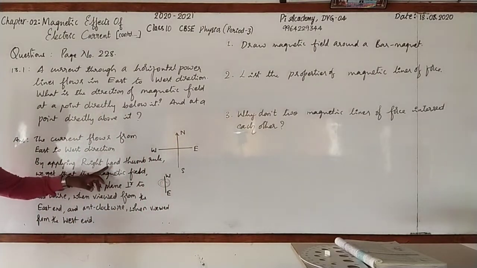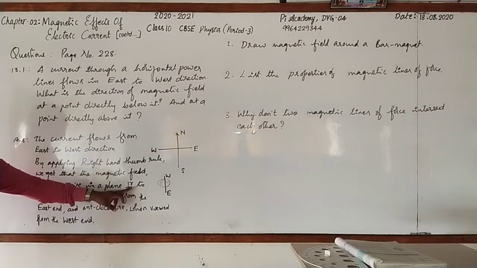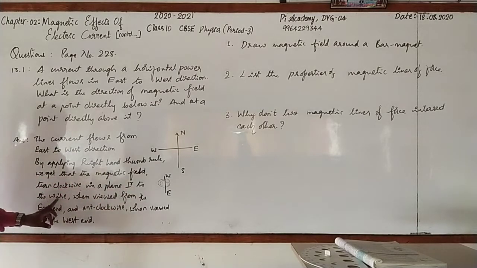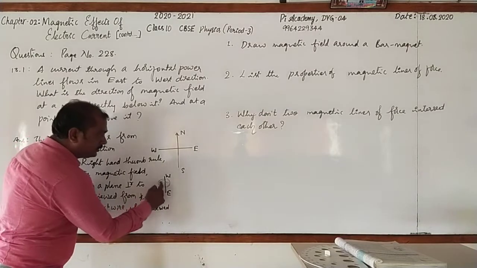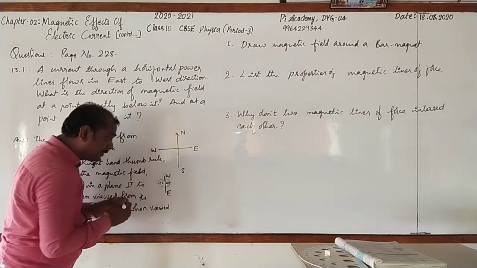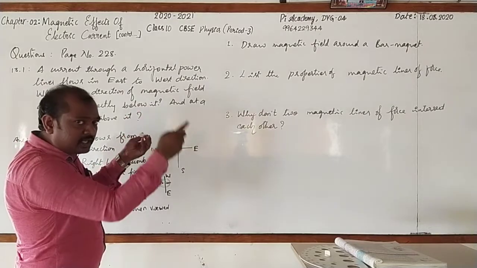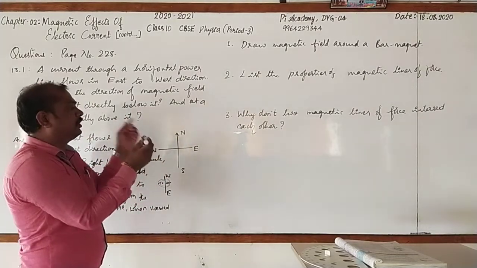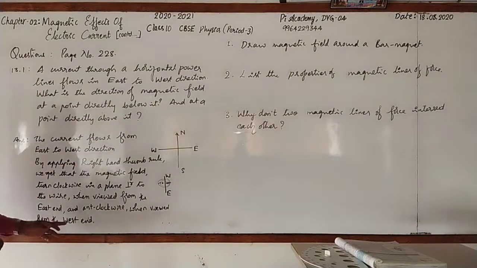See, by applying the right hand thumb rule, we get that the magnetic field turns clockwise in a plane perpendicular to the wire when viewed from east. Here the direction of lines of force is anti-clockwise only, but when you observe from the east end, it looks like clockwise. When you observe that from the west end, it looks like anti-clockwise.